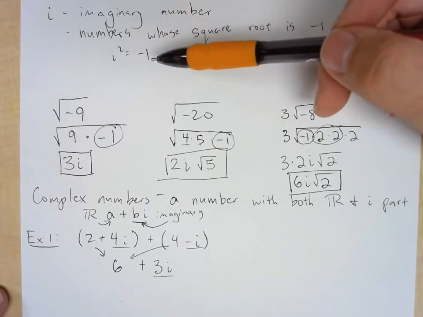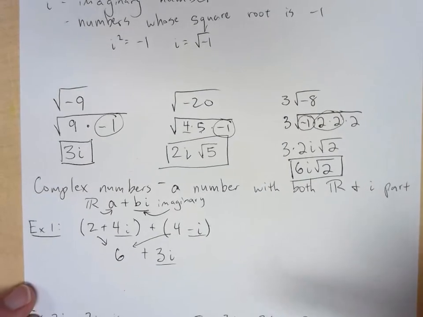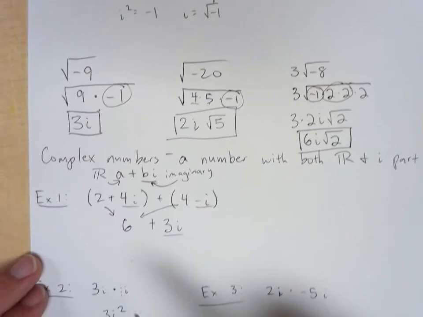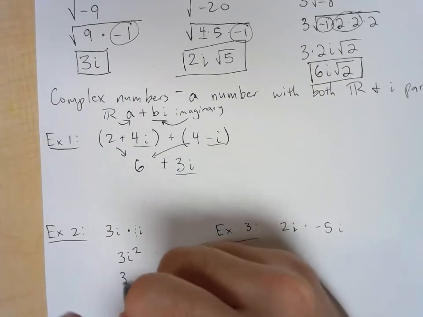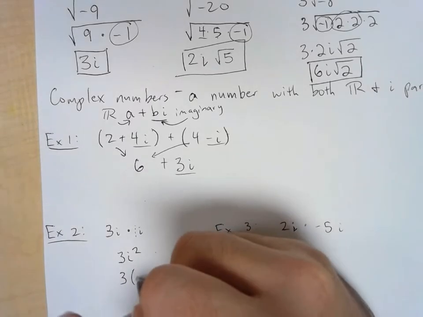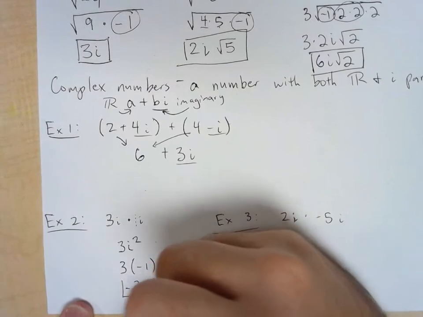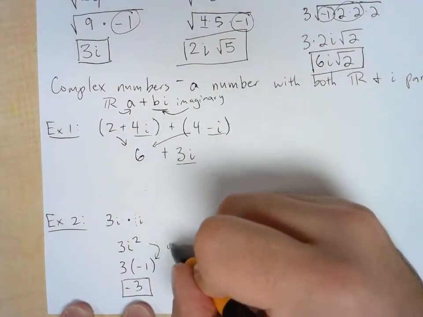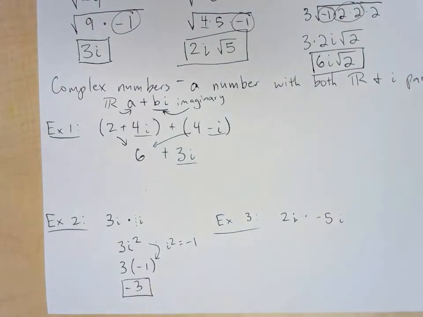So we can say 3 times -1, which is going to give us -3. And again, we can say this because i squared equals -1, so I replace i squared with -1.